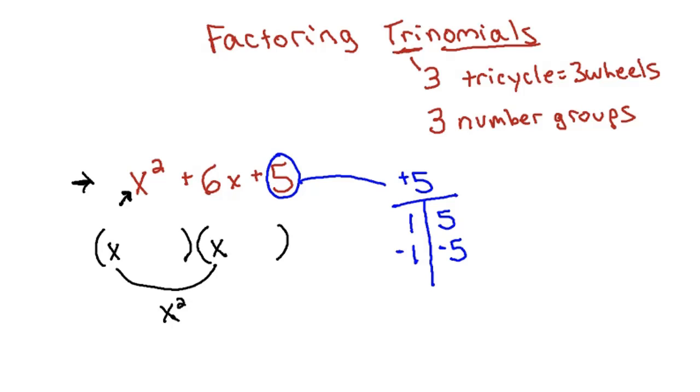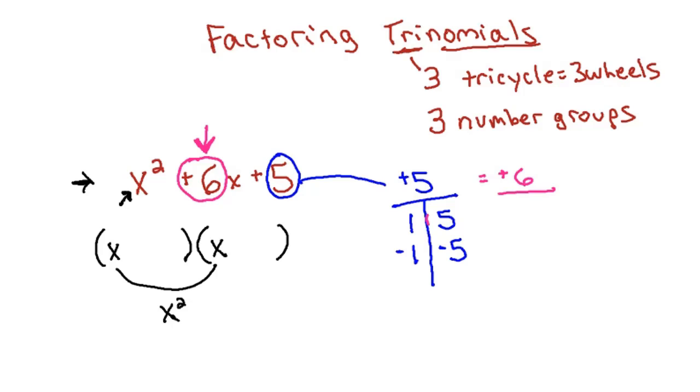Now we need to find out which set of those numbers is going to equal this positive 6 in the middle. Because we're trying to find what set of numbers, when added together, is going to equal a positive 6. So which set of these numbers is going to equal a positive 6?